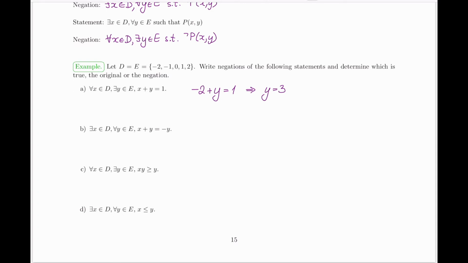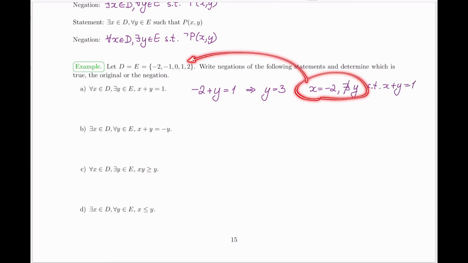So if you pick x to be -2, I won't be able to find a y that belongs in this set, right? So in other words, I can say that if you choose x equals -2, there does not exist the y such that x plus y is equal to 1. Again, remember, my x's and y's are restricted to lying within this specific domain.